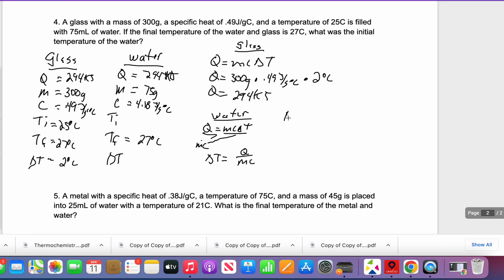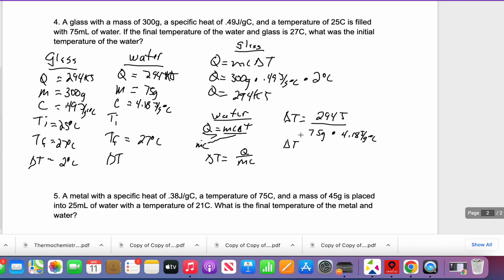Okay, so our delta T is going to equal the Q for the water, 294 joules, divided by the mass of the water, 75 grams, times the specific heat of water, which is 4.18 joules per gram degree Celsius. So 294 divided by 75 divided by 4.18.